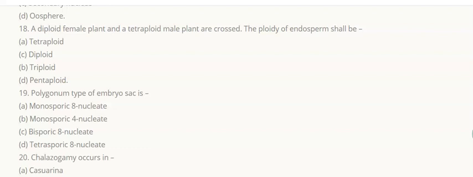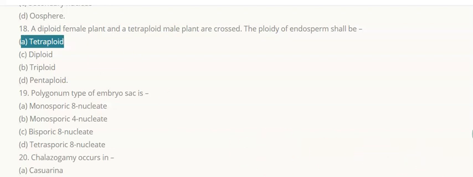Diploid female plant: 1n plus 1n makes 2n. Tetraploid male plant: 2n. So 2n plus 1n plus 1n makes 4n. Let us see the question now. The ploidy of endosperm is asked. The seed will of course be triploid, but for endosperm the condition has to be tetraploid. So let us search for tetraploidy here. Yes, it is there. So it is option A.